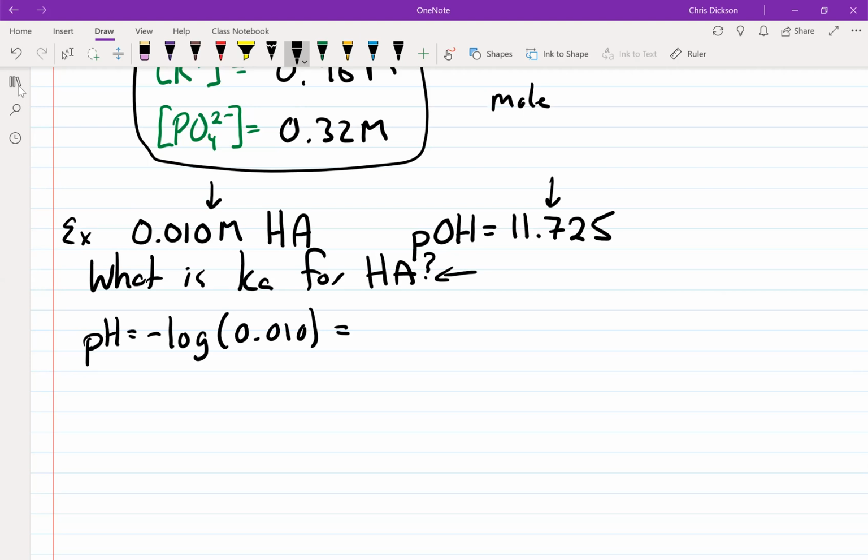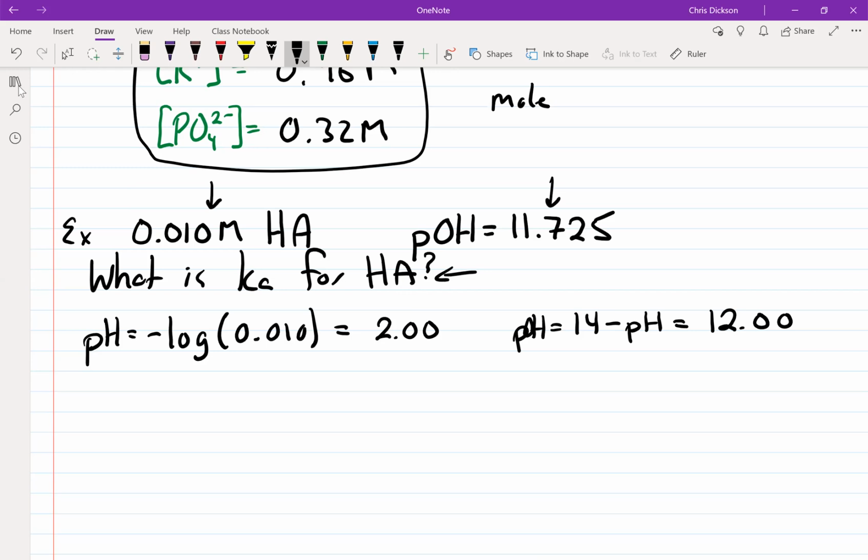So we could try that, and that would give us a pH of 2.00. And of course, the pOH would then be 14 minus the pH measurement. So the pOH should have been 12.00.